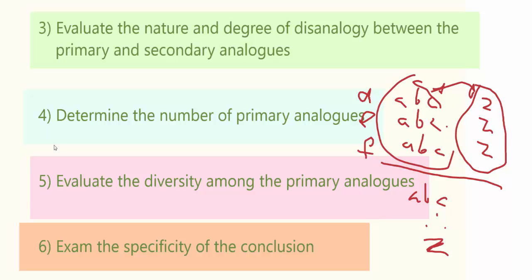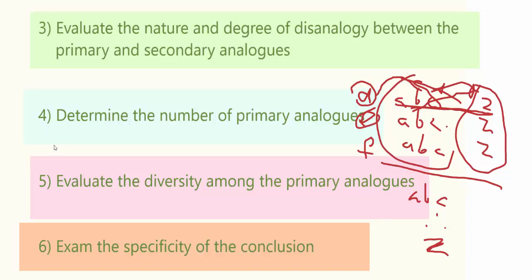Then what this suggests is that the connection between A, B, C, and Z is so strong that D, whatever D is, doesn't undermine it.